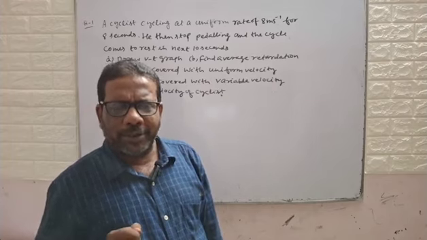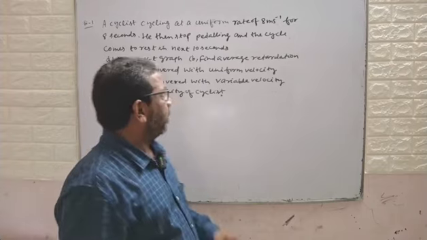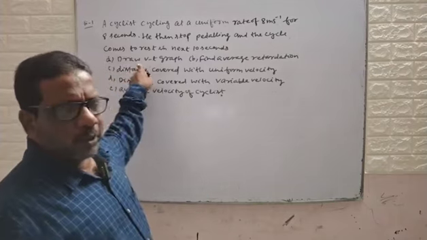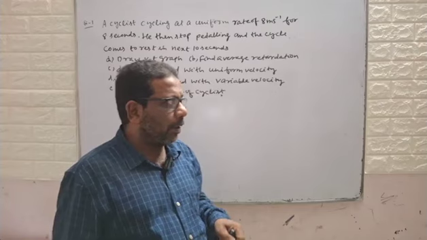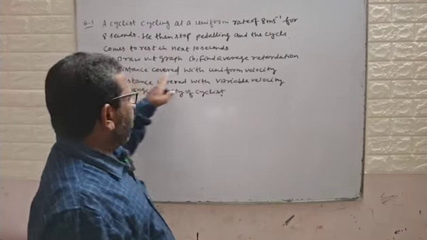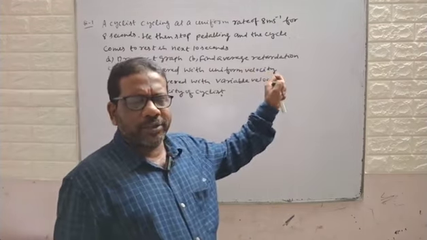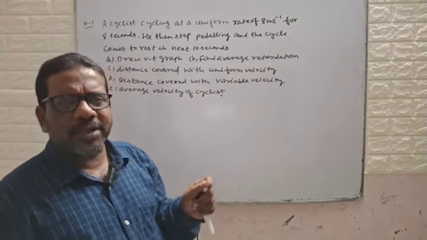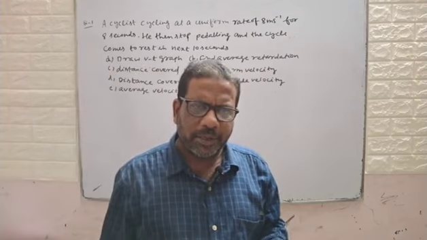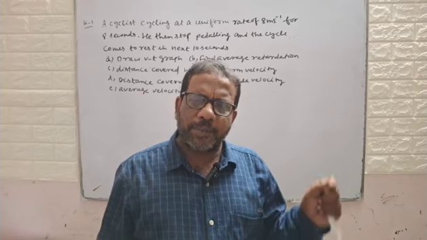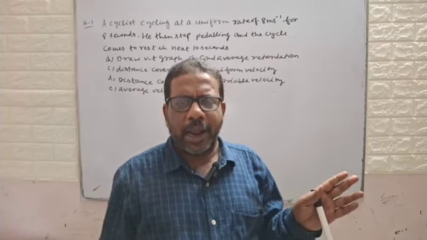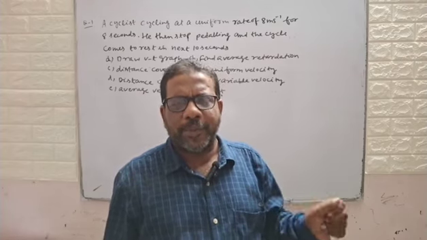What we have to calculate? We have to calculate, first we have to draw the VT graph, then average retardation and distance covered with uniform velocity, distance covered with variable velocity, and also we have to find the average velocity.